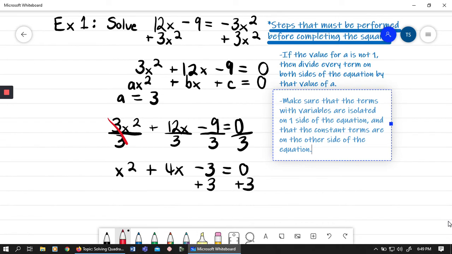Okay, so when we add 3 to both sides, that's going to cancel that out, and then we're going to be left with x squared plus 4x equals 3.